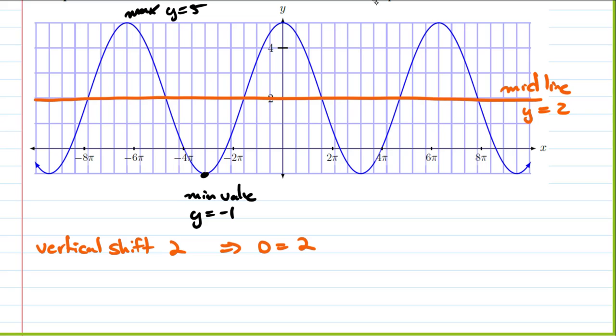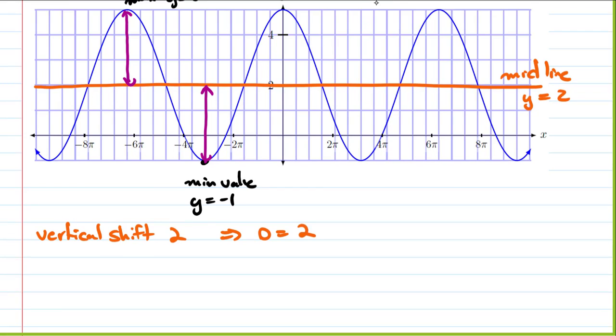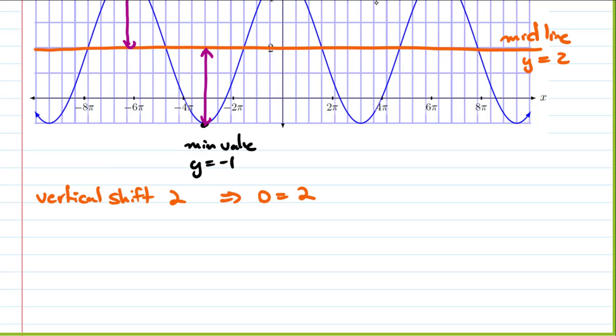We then look at the distance from our midline to our max and our min. So the distance from our midline to our max and our min is the amplitude. And in each of these cases, it's going to be 3.